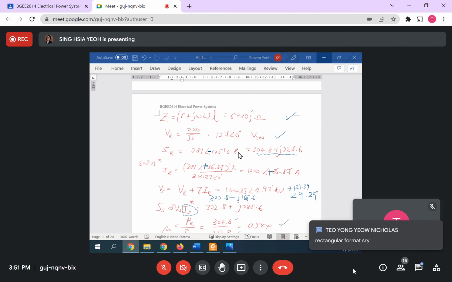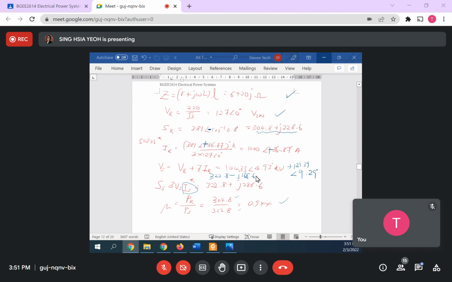Then SR divided by 3, then this formula 3 VI conjugate. So I will do so, quite common. The answer should not run away too much from this. Or if rectangular format, then it's possible. If you change it to rectangular and it's 800, then it's correct. So it's a format problem, you consider it the same answer.